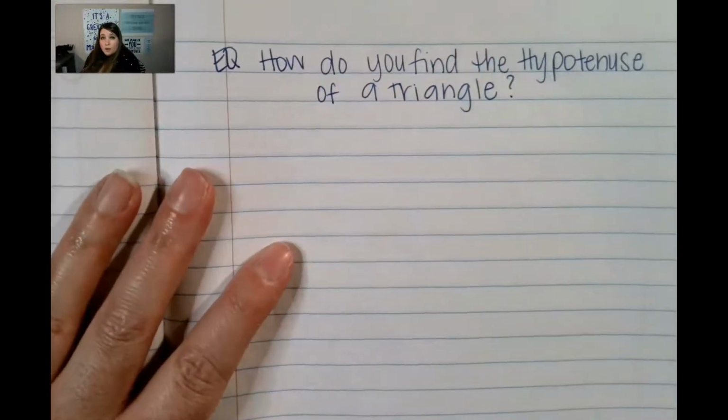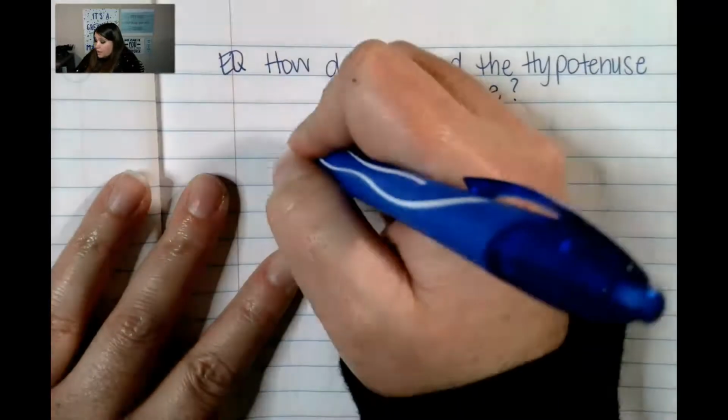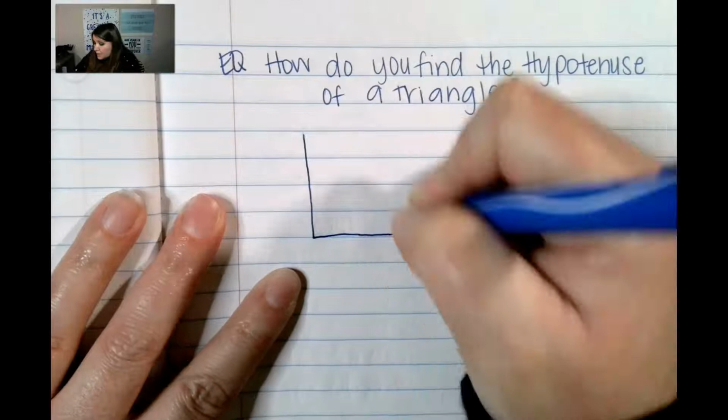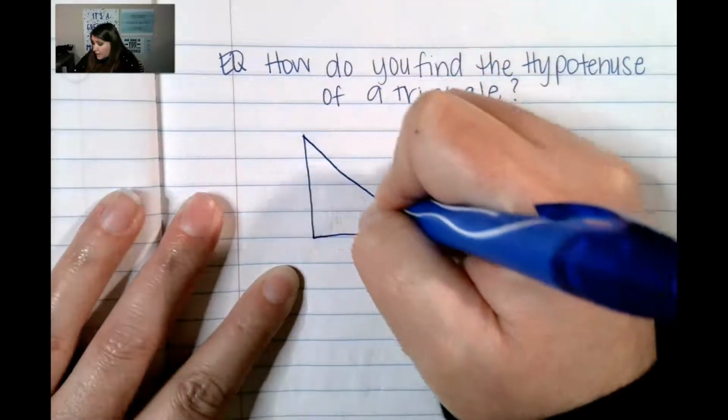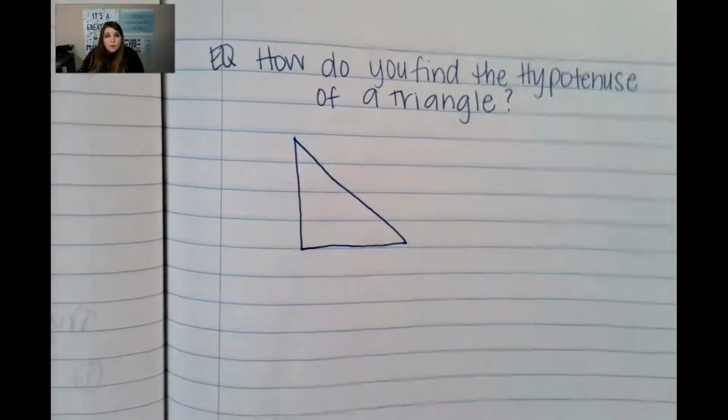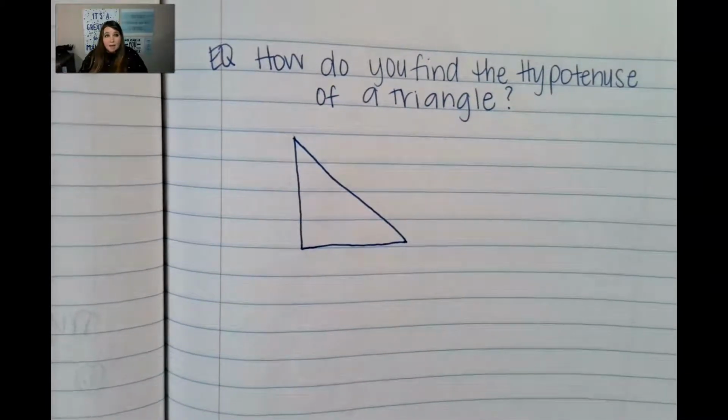So Pythagoras discovered that, as we know, triangles have 3 sides. He discovered that on right triangles, you can name these sides 3 different things. So the first side that we have is the leg, okay?